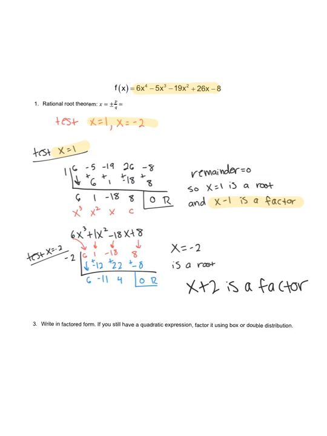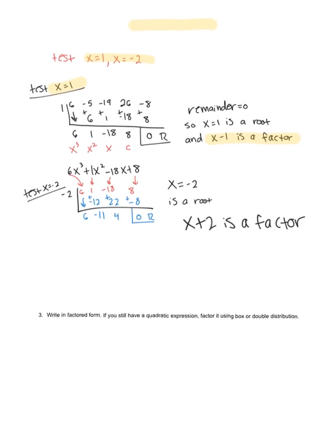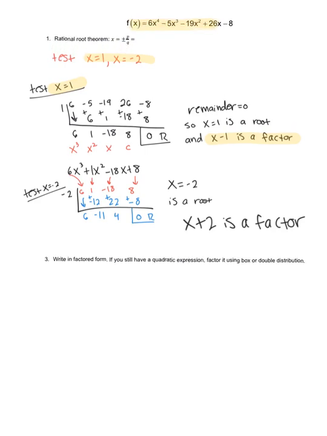So for part 3, where it asks you to write in factored form, the two factors that you already know are x plus 2 and x minus 1. The remaining factor is the result that you got from your synthetic division here.